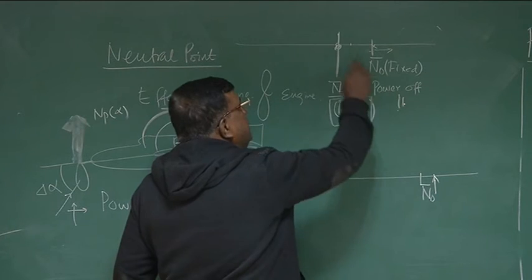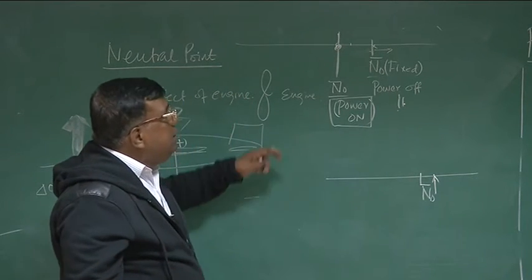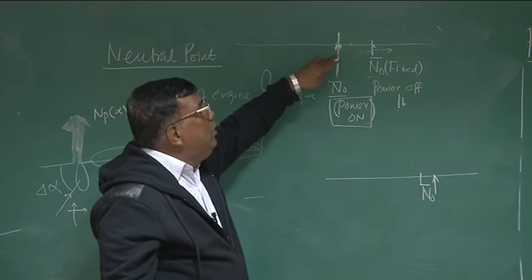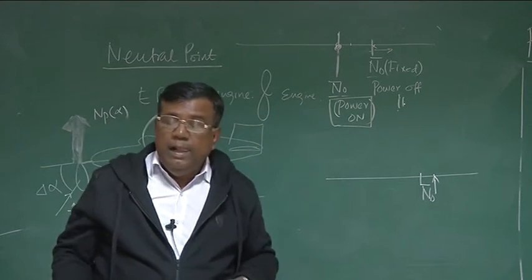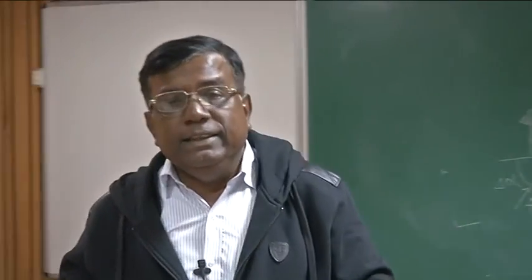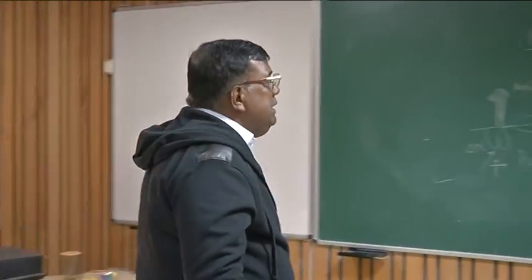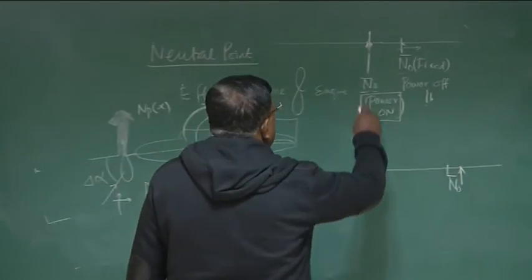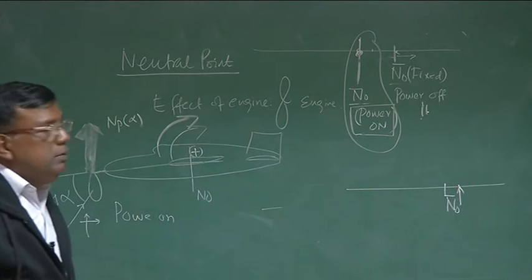With power on, it will be a little ahead of it. So I must ensure that the CG of the aircraft should never go beyond N naught power on. So this will limit how far backward I can take the CG. Okay? So CG backward and CG forward. How far backward I can take, that is dictated primarily by N naught power on.